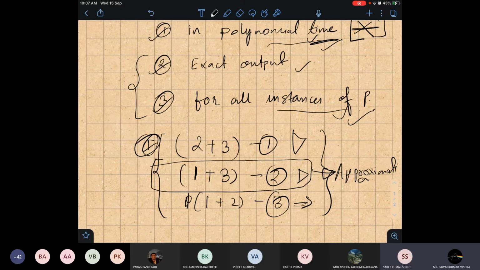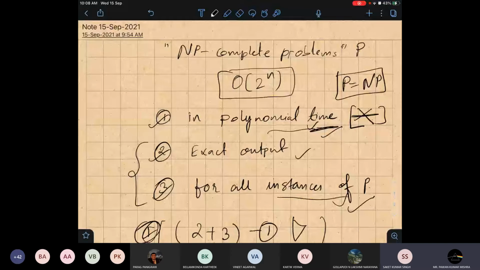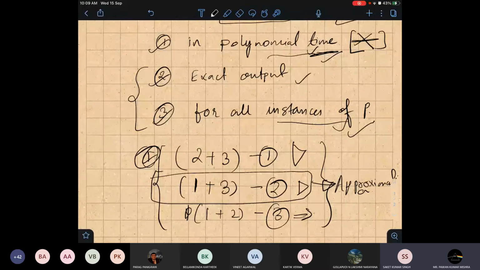Sir, is approximation algorithm the class of problems which we deal with in that? Is it a subset of NP complete problems? No, no. Sir, you're not audible. Hello. Yes, sir, now you're audible.